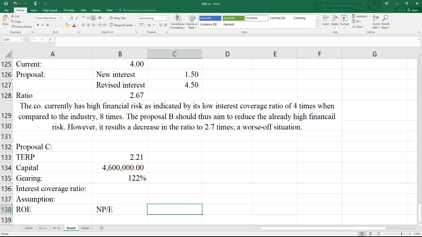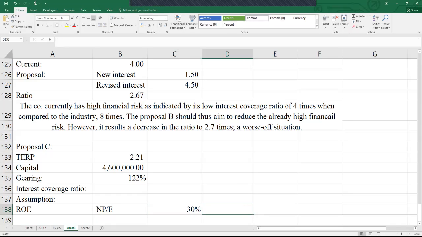Currently, as per the company's financial statements, the company profit for the period was 6 million. We divide by the equity, which was 20 million. As a percent, we get a return on equity of 30%. Therefore, the company's current investment yields 30%.